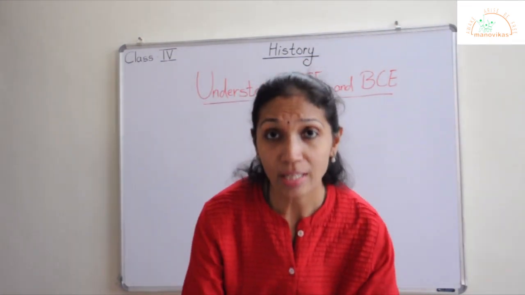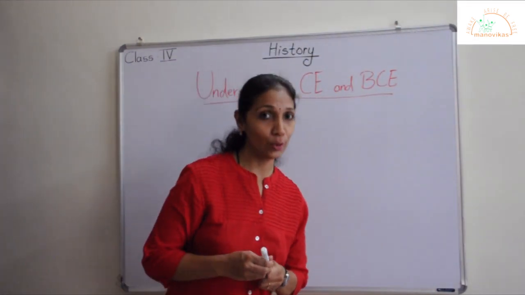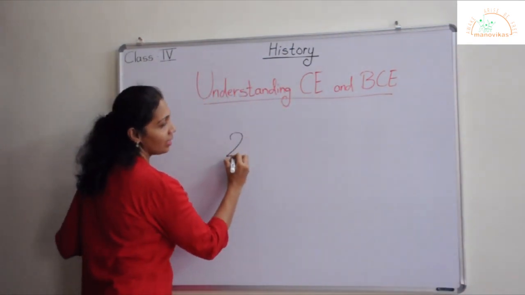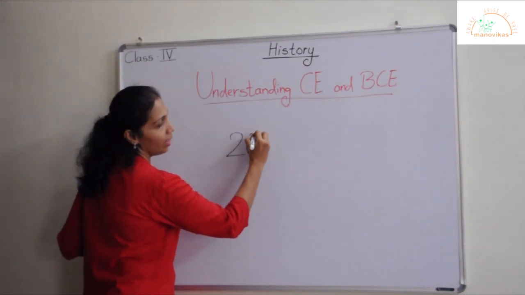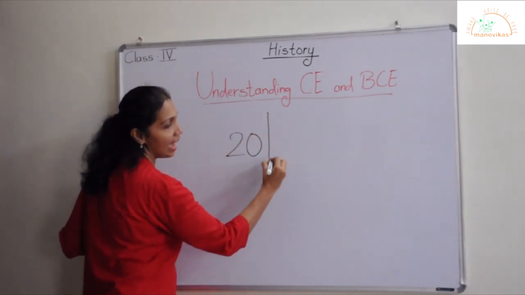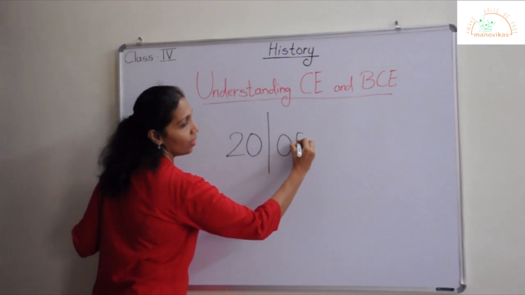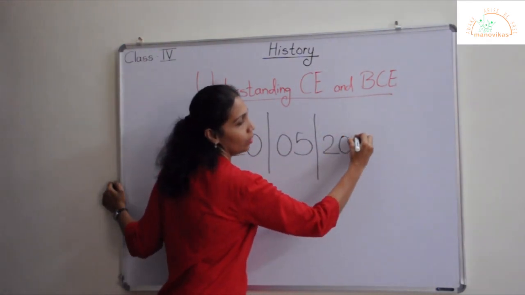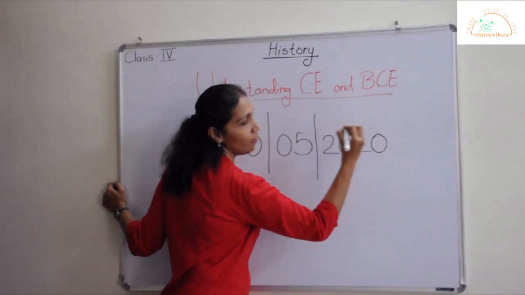There are two ways to write dates. I'll show you. Suppose today is 20th May. So 20/05/2020. So this is the first way.